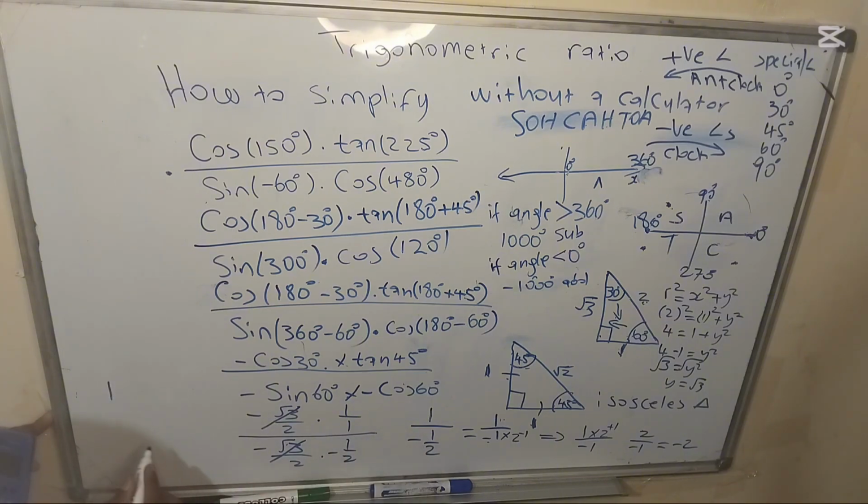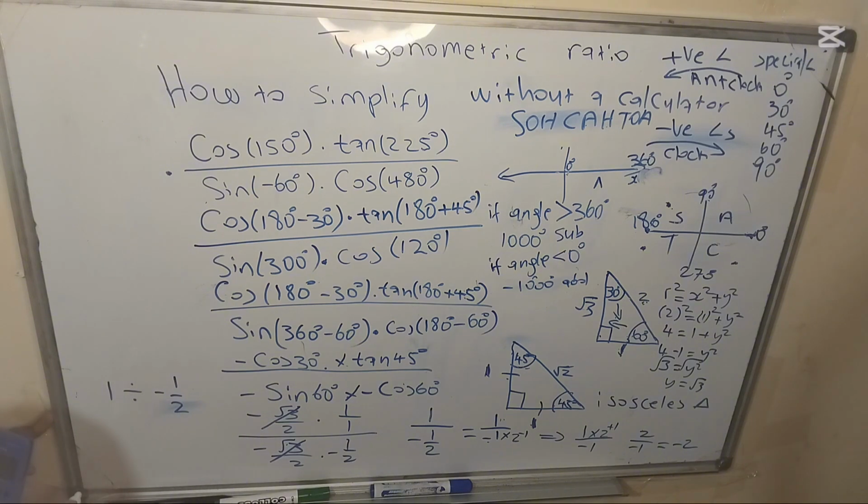So we have 1. This half can be written in the form of 1 divided by half, divided by negative 1 over 2. So we can just simplify this by using the reciprocal.